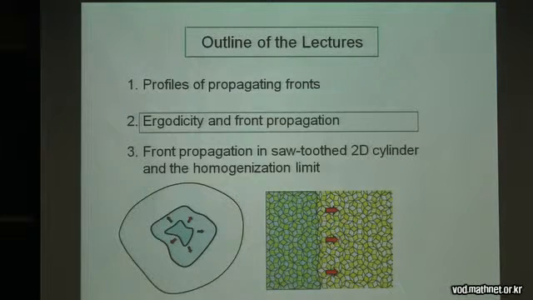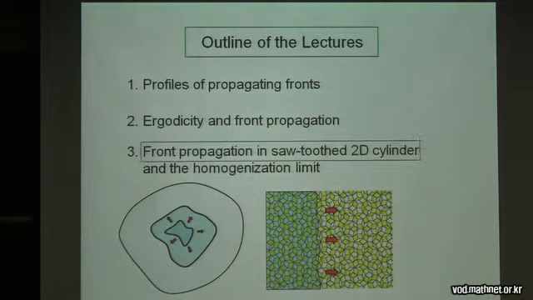And the next one I may also mention a little bit about: front propagation in a two-dimensional cylinder whose boundary is oscillating. And if I have time, I will also mention this topic, but mainly I will focus on the first topic.